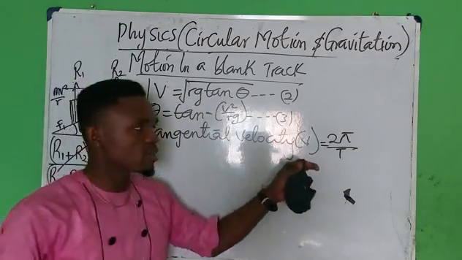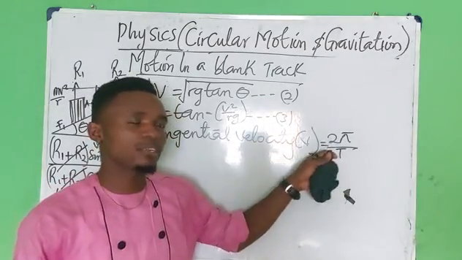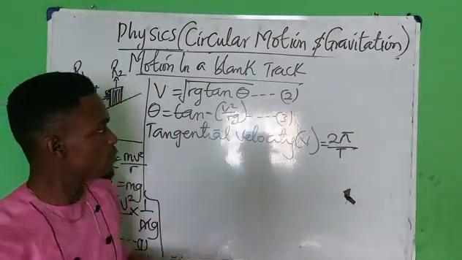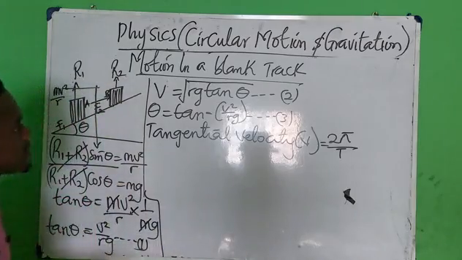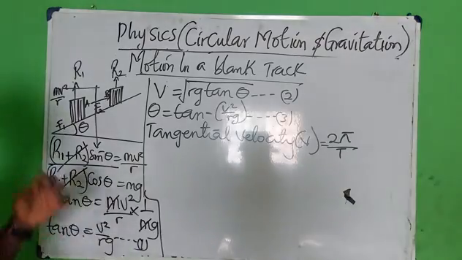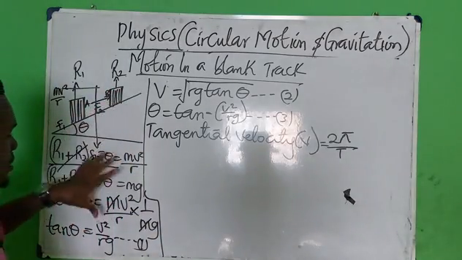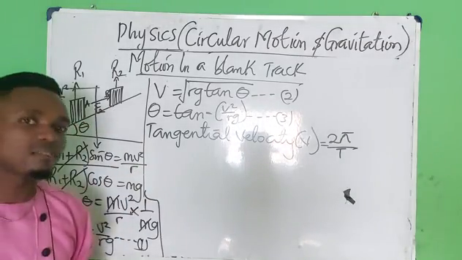So please, as the class progresses, we are going to be using this formula to solve questions. Very, very important formula, so take note of that. What I've just done is motion in a banked track, and the first one was motion in a circular track. So please follow it bit by bit. It is very, very important.